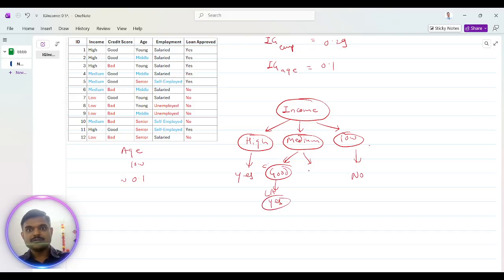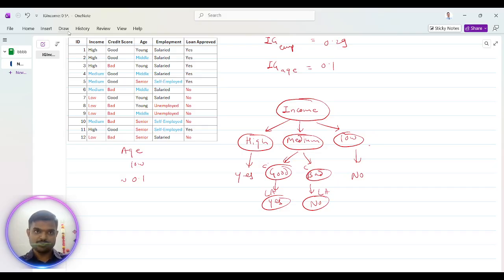If the credit score is bad, then the loan approved is always no. You can check it via this database. If the credit score is bad in the medium income range, then the loan approved is always no. So this is the strong, you can see.